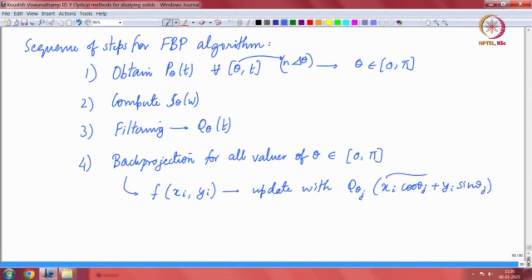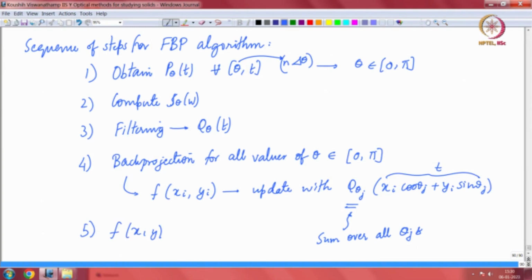This is your t, right. So, you update it with this, which means you add this value to what you already have and you sum over all theta j's, okay. So, for every single projection you go back, add it, and then at the end of the step you have your f of x y in an array, right.